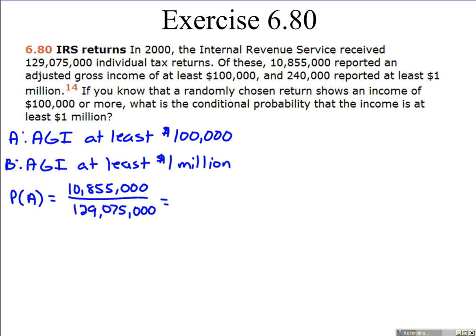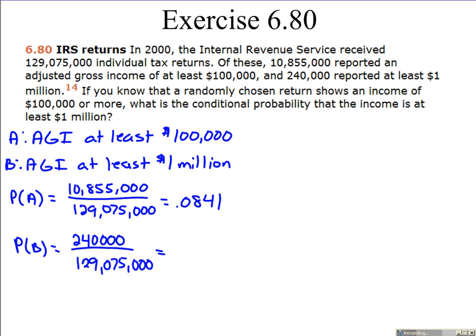So the probability that the return was at least $100,000 is 0.0841. And the probability of event B happening, there were 240,000 over 1 million out of the total, which is 0.00186.